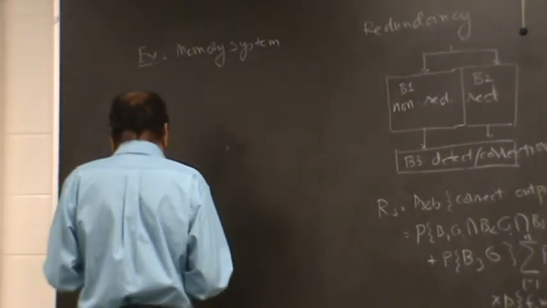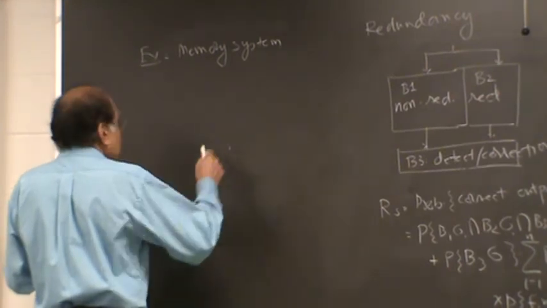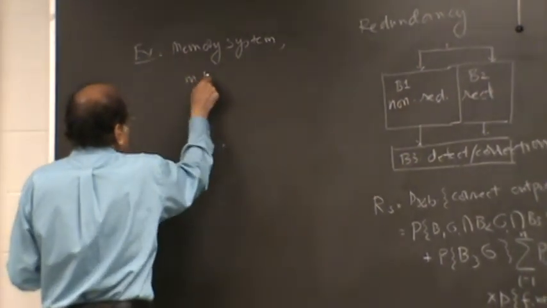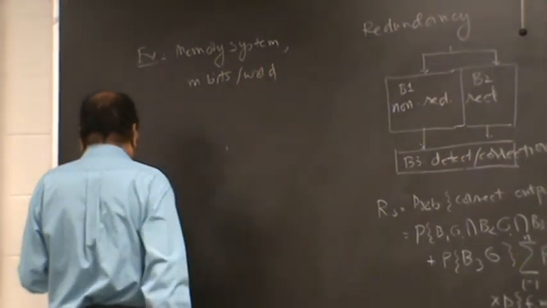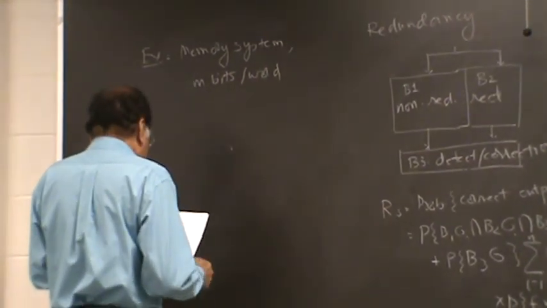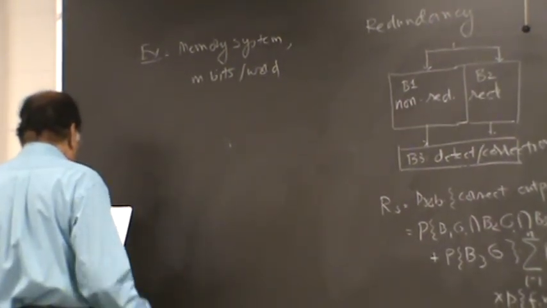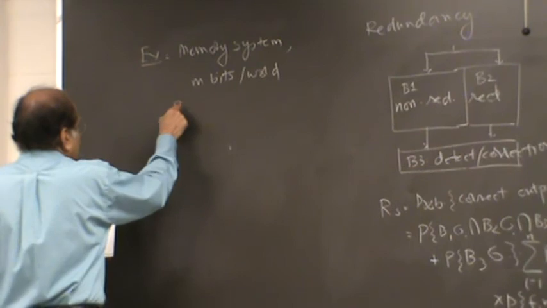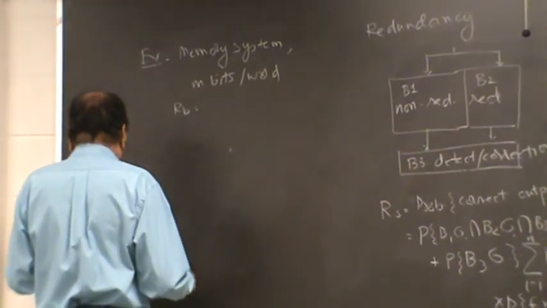But anyway, coming back to our analysis. So let's say memory system, we have a total of n bits per word. And let us assume that RB is reliability of a single bit.